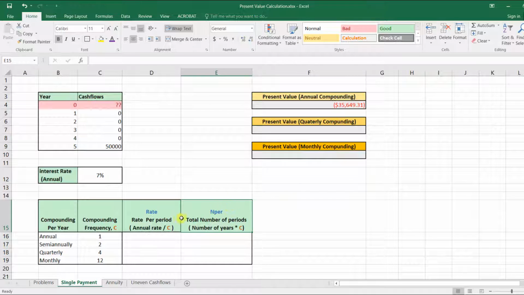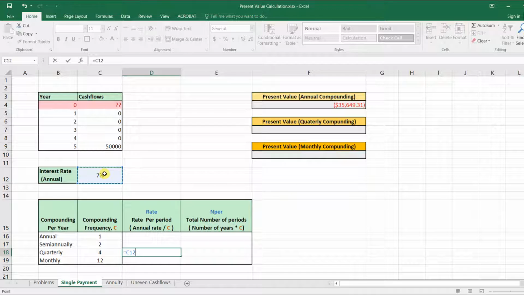To do this, we'll divide our yearly rate by the compounding frequency, and in case of the total number of periods, we'll multiply the number of years with the compounding frequency. So let's do that in this cell for quarterly compounding. So press the equal sign, then select the annual rate, then divide it by the compounding frequency, which is 4. Then press enter.